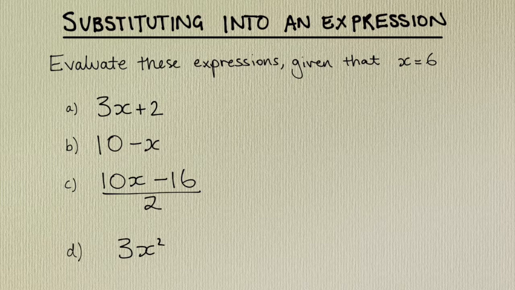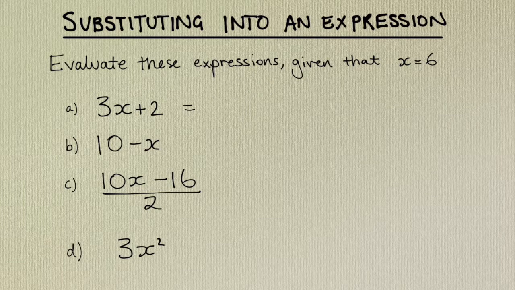In this example, the question says evaluate these expressions given that x equals 6. So we've got a value for x. In the first expression, we've got 3x plus 2. So if x equals 6, the first thing we need to do is substitute that value in for x.